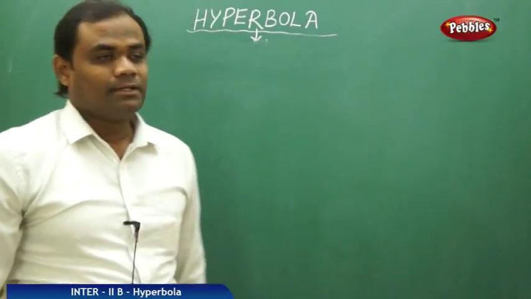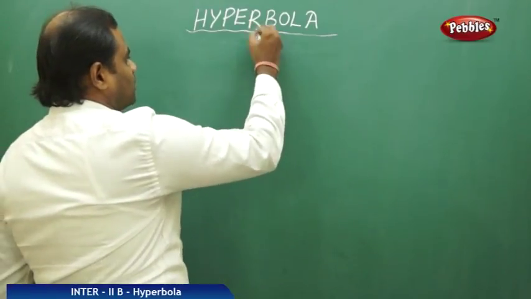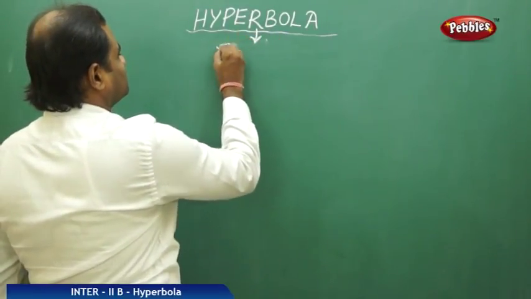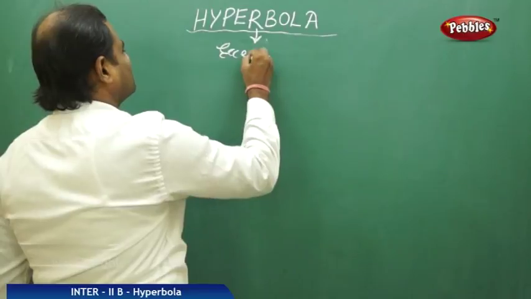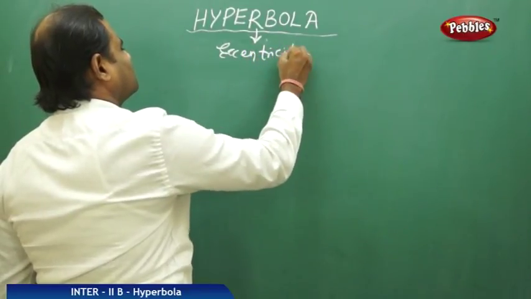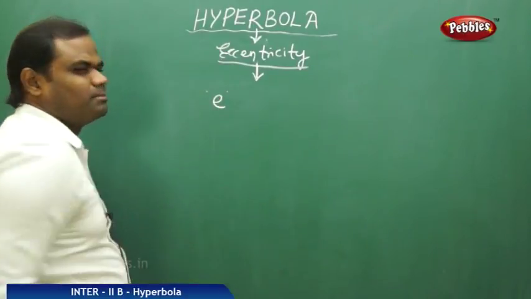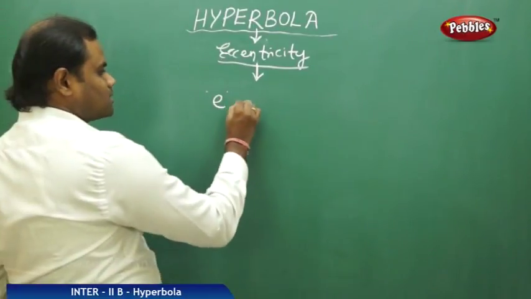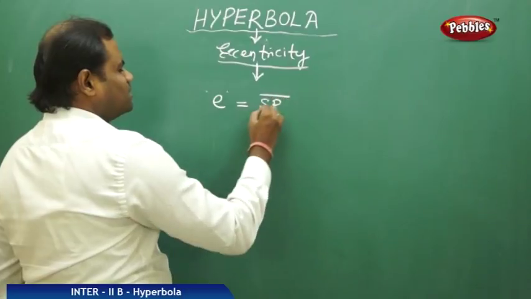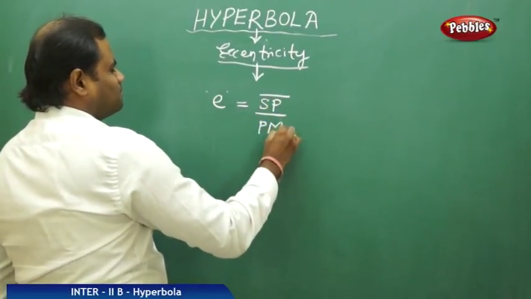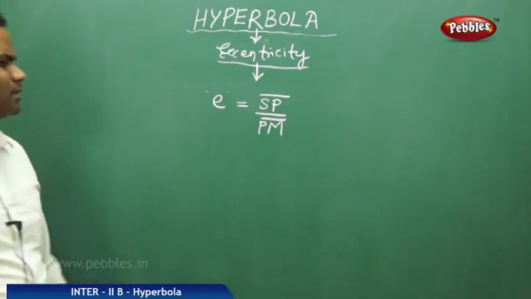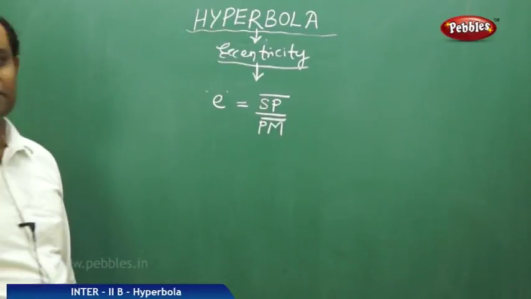Now let's see the eccentricity of the hyperbola. The eccentricity is generally denoted by e, which is nothing but the ratio SP by PM. This is how we define the eccentricity.